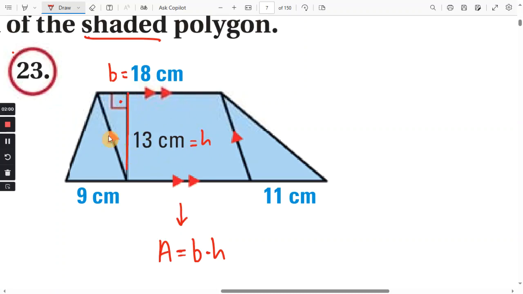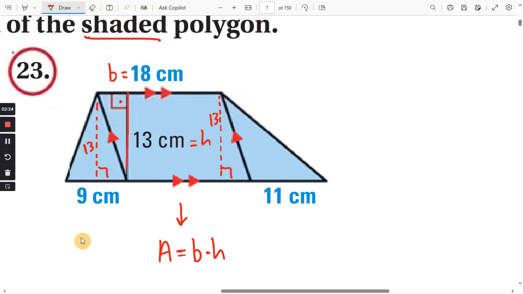And this height of 13 is also going to be the height of that triangle right there. Okay, so that height is going to be 13 inside the triangle. This triangle on the end, same thing. That height right there, and it makes a right angle. That height is also going to be 13.